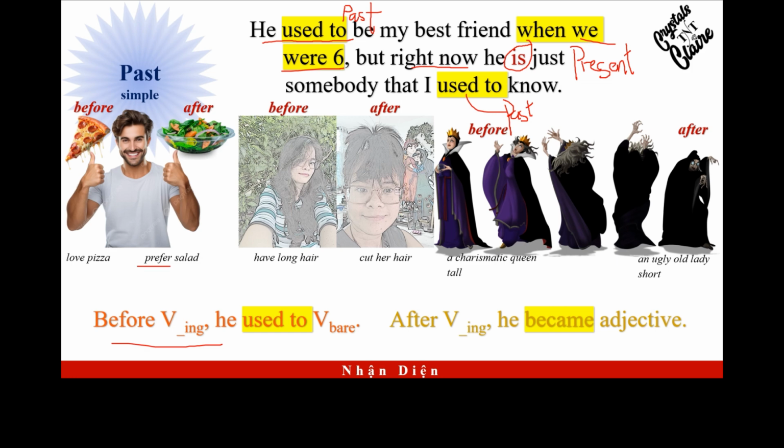Okay, so verb ing in here, preferring. Before is here. Before loving pizza, verb ing, he used to prefer salad, verb 0.